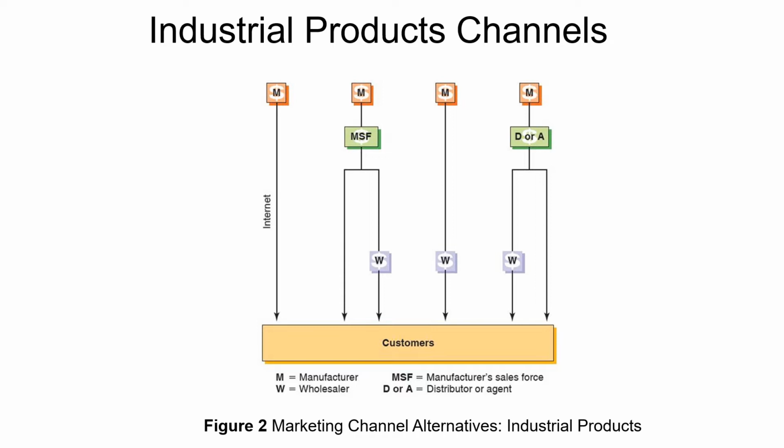A manufacturer can reach customers with its own sales force, a sales force that calls on sellers who sell to consumers, or a combination of these two arrangements. A manufacturer can sell directly to wholesalers without using a sales force, and a wholesaler, in turn, can supply customers. Finally, a distributor or agent can call on wholesalers or customers for the manufacturer.